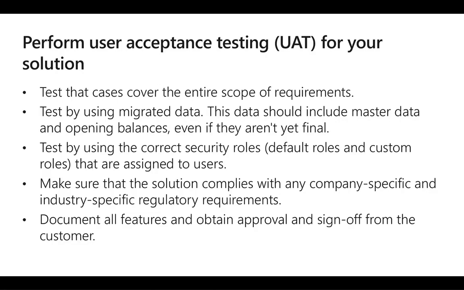Perform user acceptance testing for our solutions. User acceptance testing, UAT, in Dynamics 365 for Finance and Operations is a critical part of the deployment stage in the implementation lifecycle.